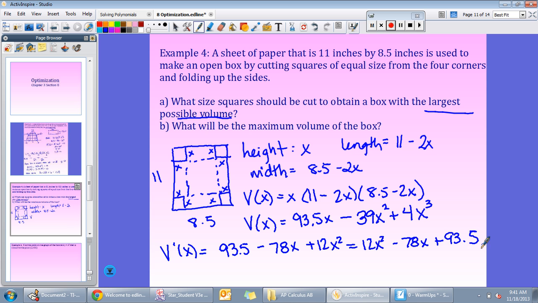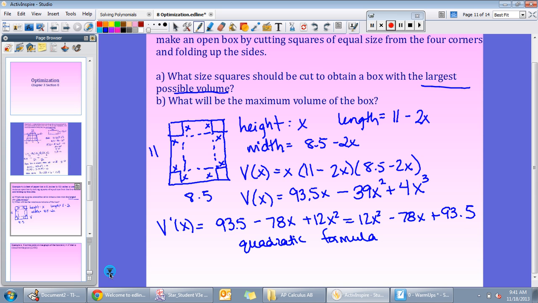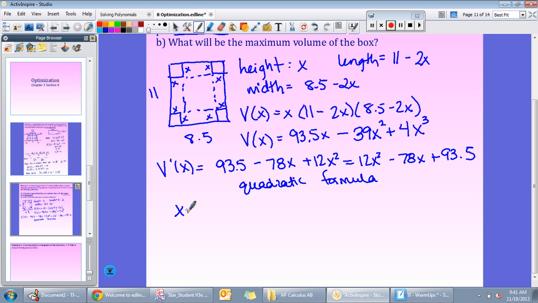And I mean, that decimal makes it really hard to factor, so what we're going to have to do to solve this is use the quadratic formula. So here goes. x equals negative b plus or minus the square root of b squared minus 4ac, all over 2a.